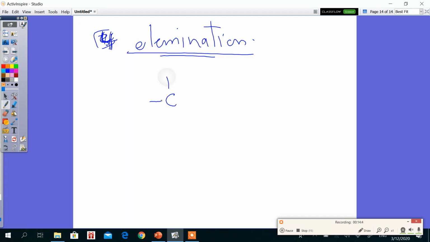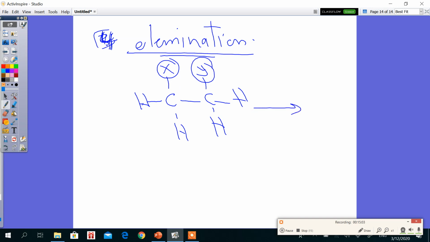If I have compound X, like that, H and H, that's my organic compound. If I eliminate XY, eliminate means extract XY out from the compound. So elimination means the formation of XY as a byproduct, and we break these bonds and form a double bond instead.